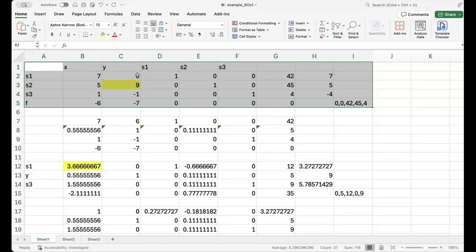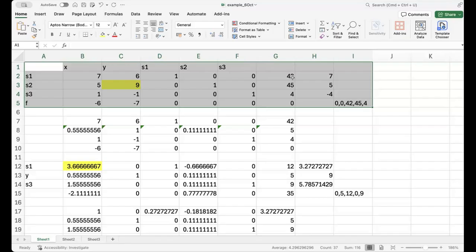And 7, 6 are their coefficients from the first inequality constraint, okay? And we add S1, so it should be 1 here, right? And on the right-hand side, it's 42, okay?